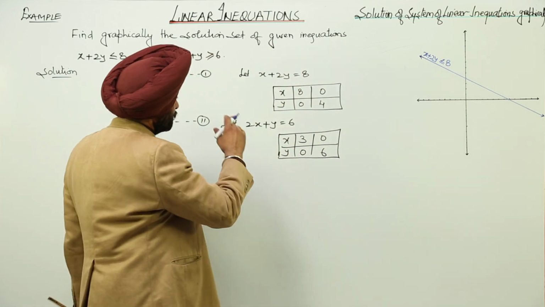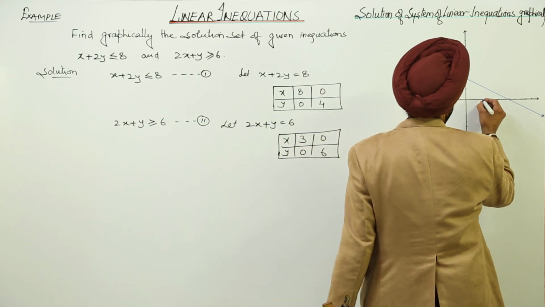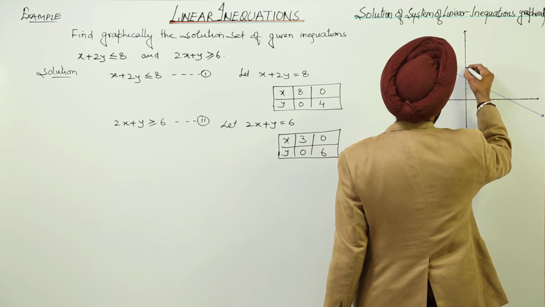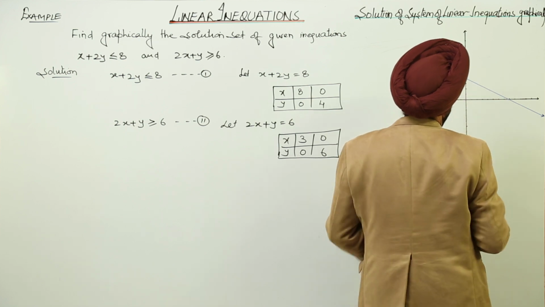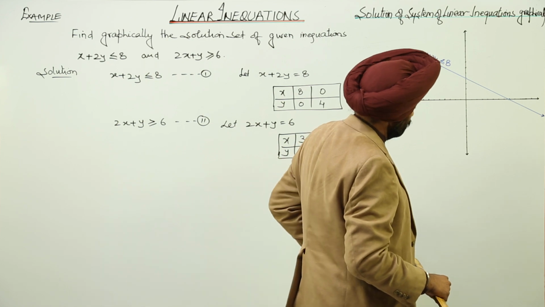Okay. Second is now this one, 3 comma 0. 3 comma 0 falls here, and 0 comma 6, 4 5 6, 0 comma 6 is here. So let's draw this with another ink.